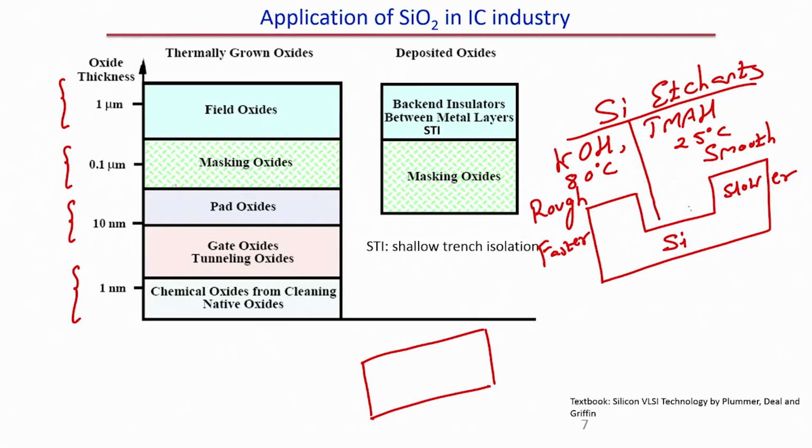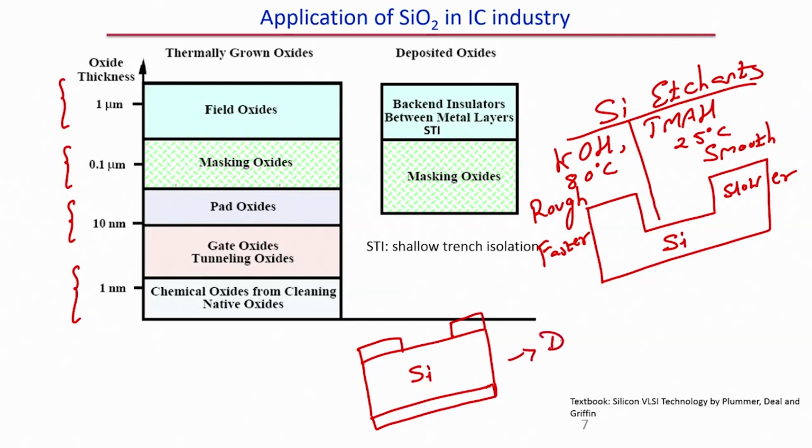So, the point is, if I want to etch silicon in this particular fashion from a given substrate of silicon, how can I etch it? One way is you protect silicon with the help of silicon dioxide by patterning silicon dioxide in this fashion.